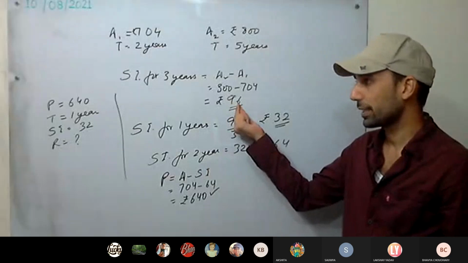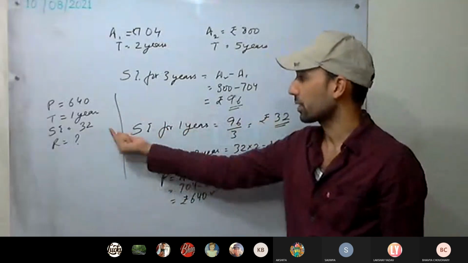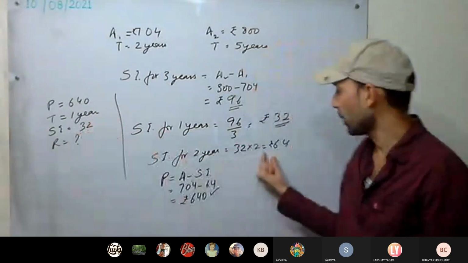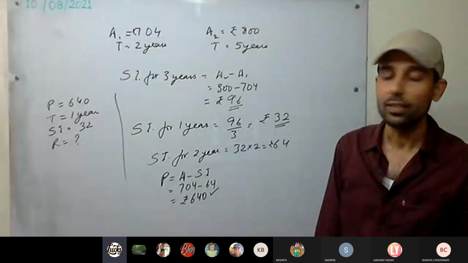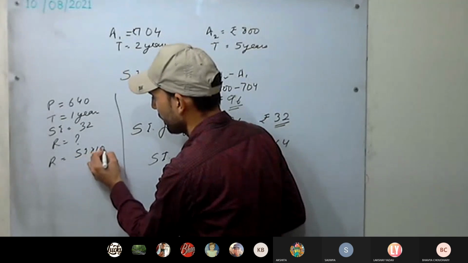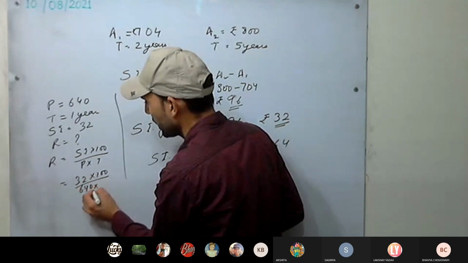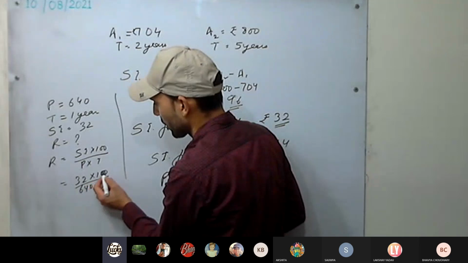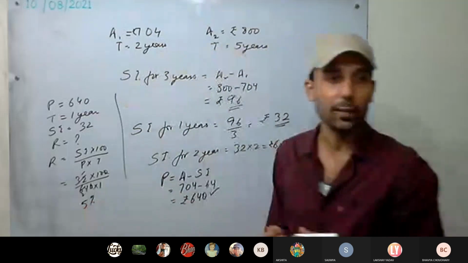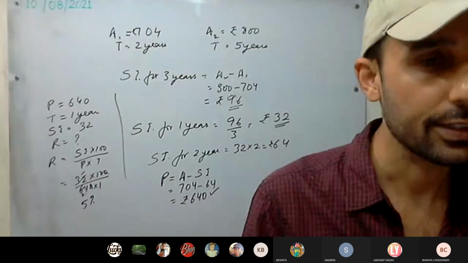Either use simple interest for 3 years as 96 with time 3 years, or for 2 years with simple interest 64. Rate equals SI into 100 divided by P into T. 32 into 100 divided by 640 into 1. 0 gets cancelled. So the rate is 5% per annum. Is this clear?